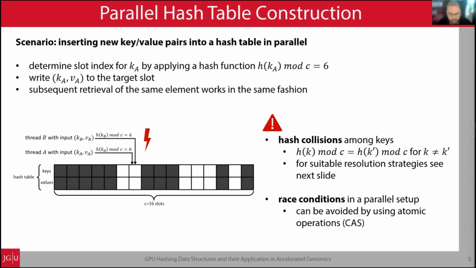So if 2 or more threads attempt to insert a pair into the same slot, the atomicity of the CAS operation guarantees that only one of these threads succeeds, while the other threads need to follow the aforementioned collision resolution strategy. Note that retrieval of an element works in the same fashion. So we simply apply the hash function to a desired key, check if the associated slot is occupied by said key, and subsequently return the value.